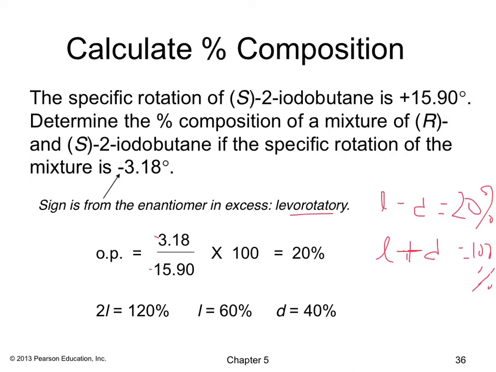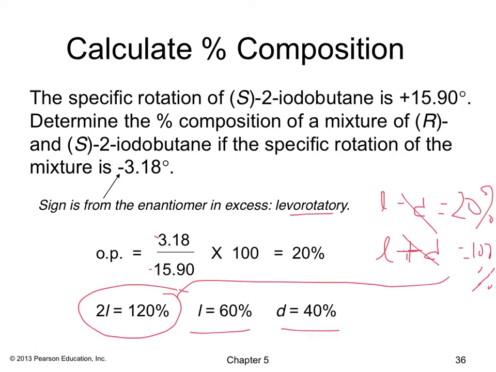So if we know that, then from this we can calculate that 2L is going to be equal to 120%, right? Because the D's are going to cancel out. From that, you can calculate a single L and then what a single D is, and that's how you can determine the percent composition.